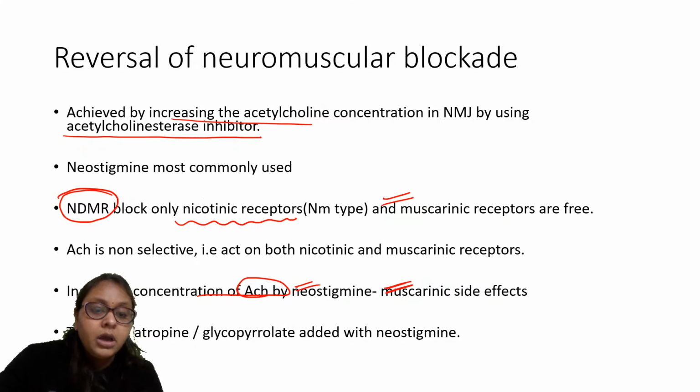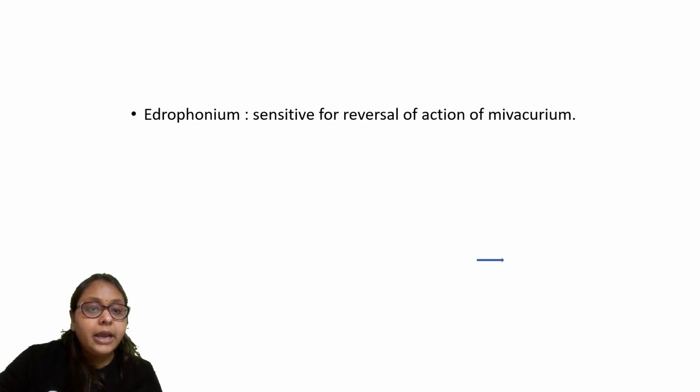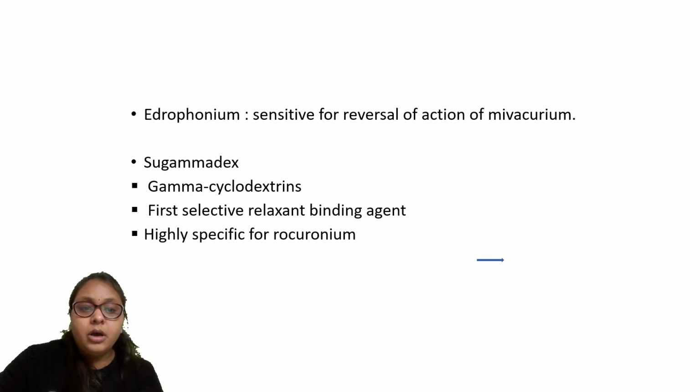And therefore muscarinic side effects से क्या होगा? उसकी वजह से हार्ट रेट कम होगी, है ना. Whenever acetylcholine is more, heart rate कम होगा because of muscarinic side effects, and therefore atropine or glycopyrrolate is added with neostigmine. Is it clear? Edrophonium, sensitive for reversal action of mivacurium.